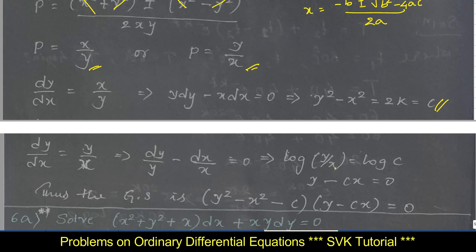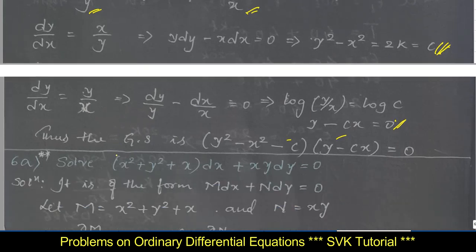Then by cancellation of logarithm, we are going to get y minus xc equal to 0. Thus the general solution is the product of these two. So multiplying those two terms, I am going to get the general solution for the required differential equation.